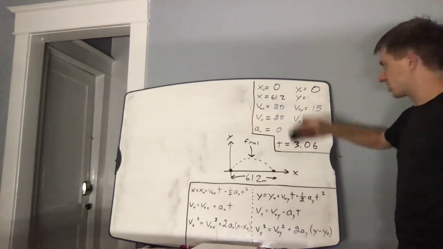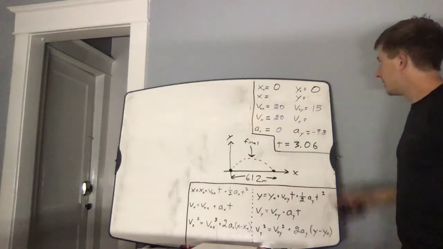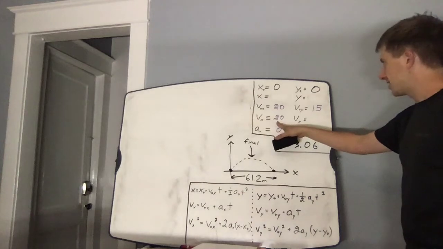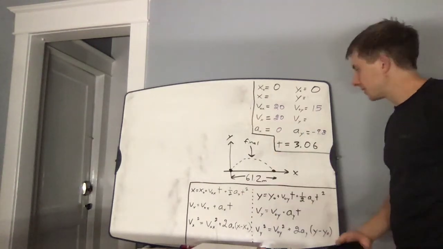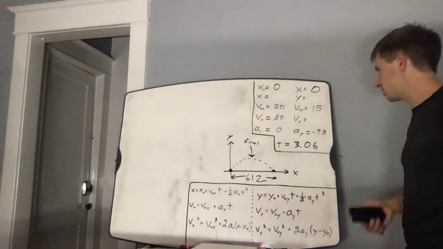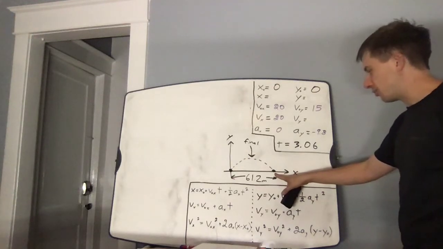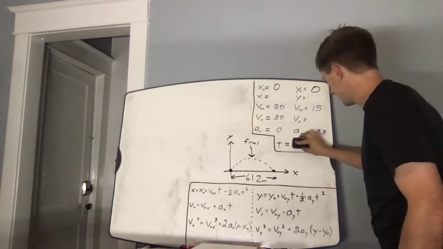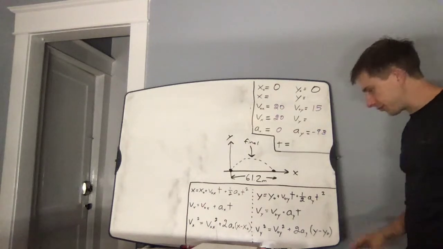It did not travel 61.2 meters when it was there, so I'll get rid of that. Vx, I say Vx here is 20. Is Vx still going to be 20? I'll address that shortly. Vy we didn't solve for, so I don't really need to do anything there yet. t final, well, if this is 3.06 seconds, this will be something less than 3.06 seconds. Gravity did not change. Gravity is assumed constant.